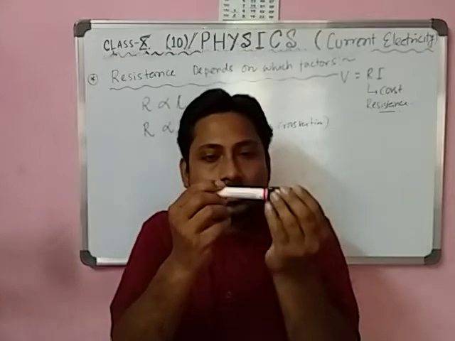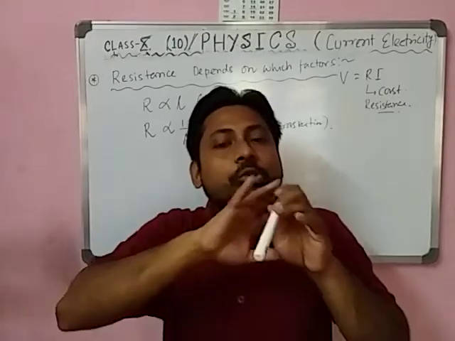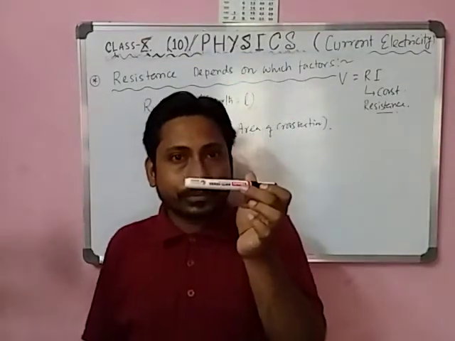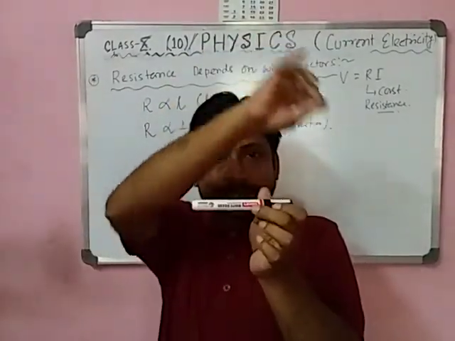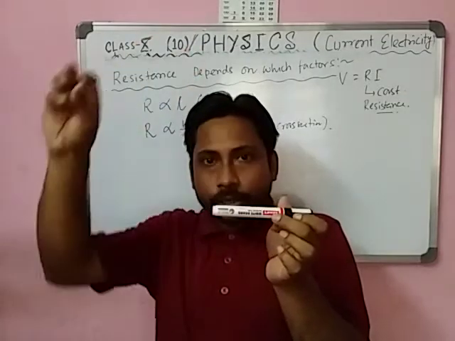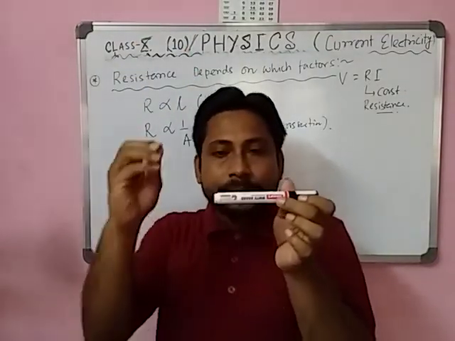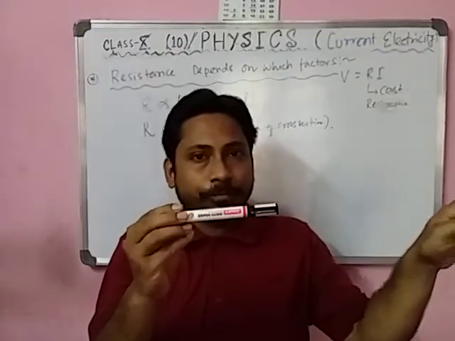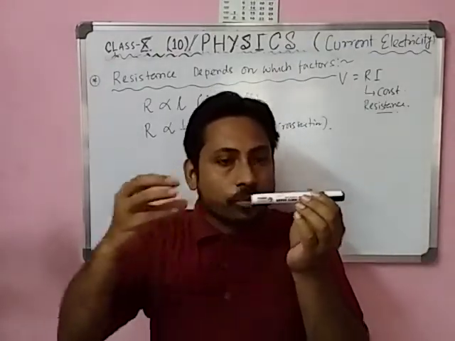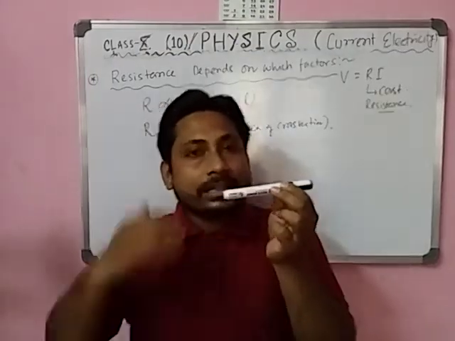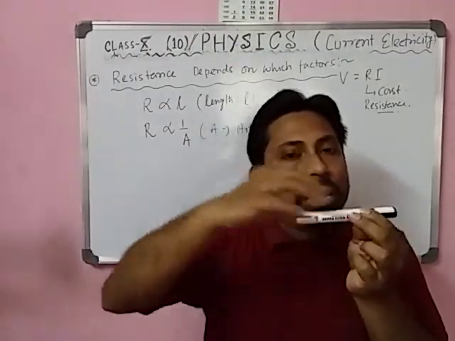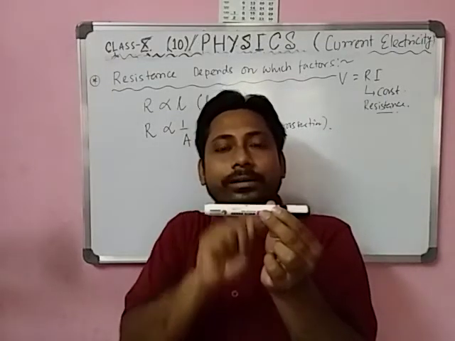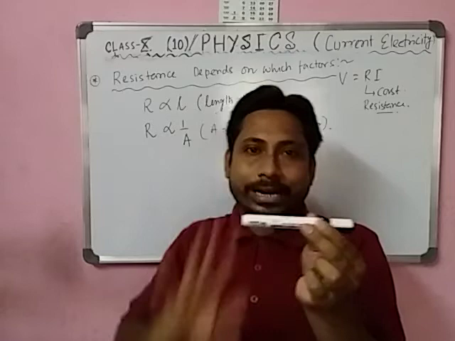If you see in this wire, there are so many electrons inside the conductor, and suppose you are attaching some battery, so you are giving the potential, which means electrons move from this portion to that portion. While moving through the conductor, they are facing a lot of collisions inside the conductor.